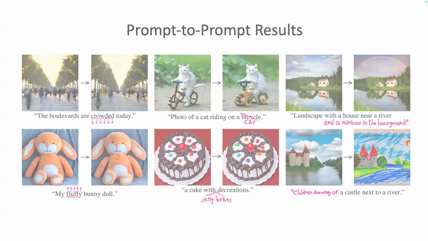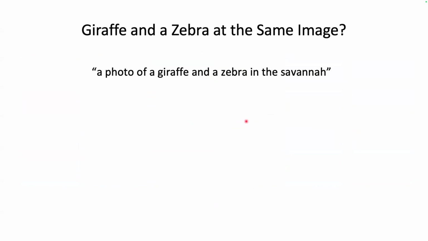And now I want to ask you a question. So previously I showed you how we can transfer appearance from a zebra to a giraffe. But what happens if we try to generate a giraffe and a zebra in the same image? So for example, let's take this prompt, a photo of a giraffe and a zebra in the savannah.